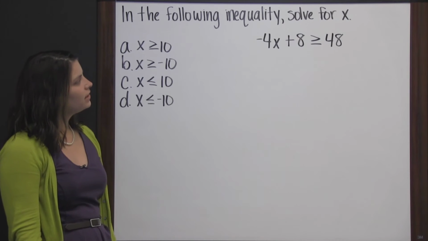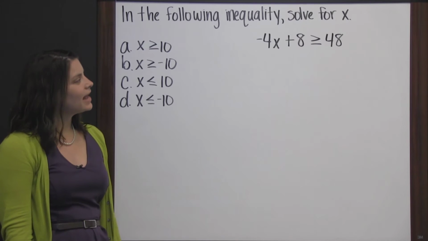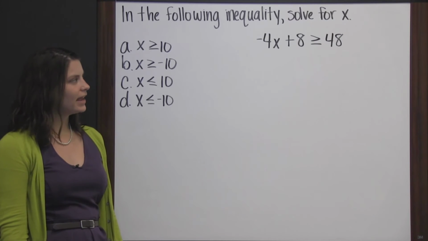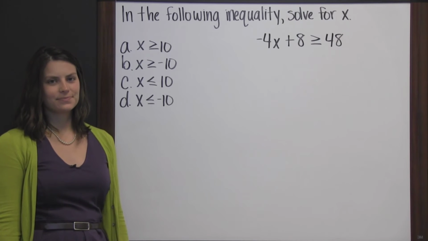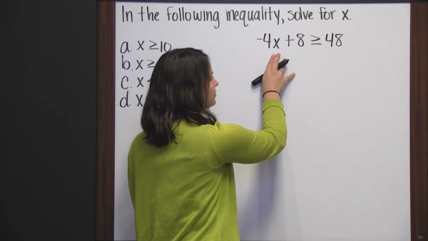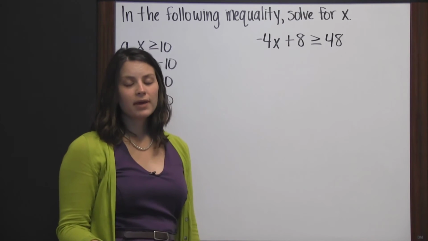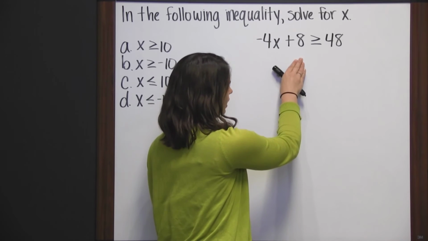In the following inequality, solve for x. Negative 4x plus 8 is greater than or equal to 48. To solve for x, we need to get x alone, which means undoing the operations that are being done to x currently.